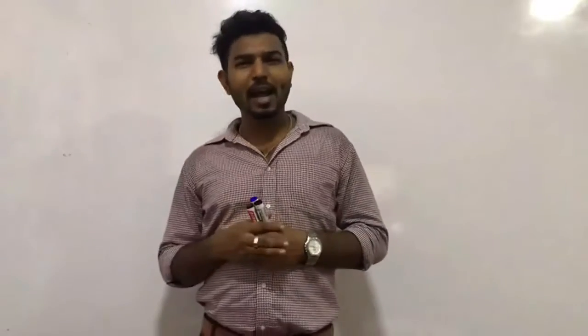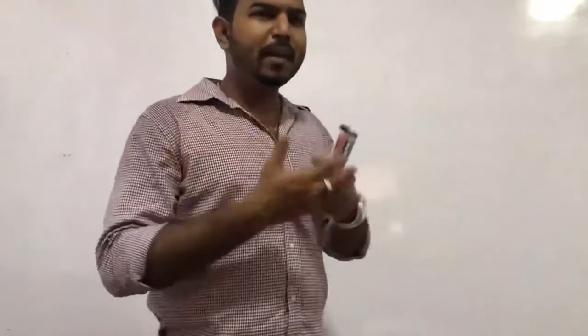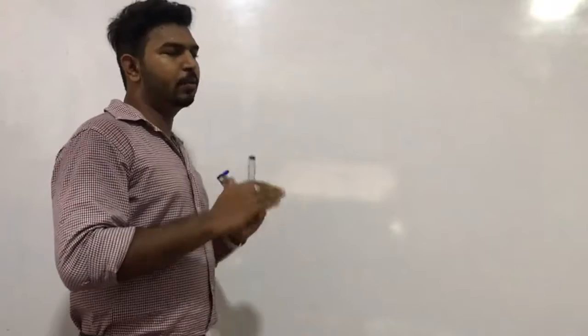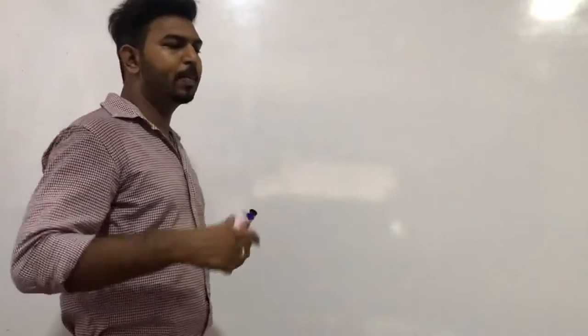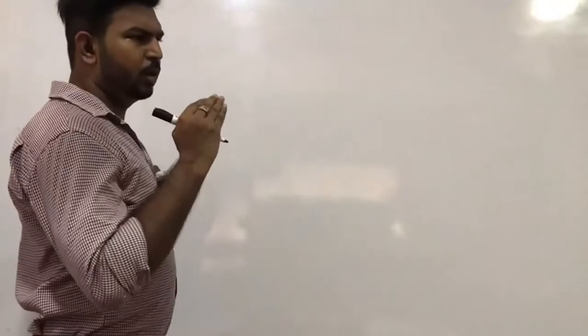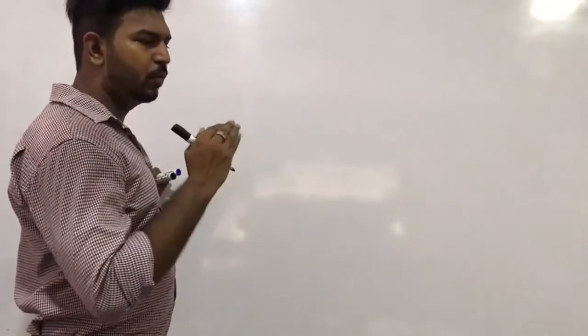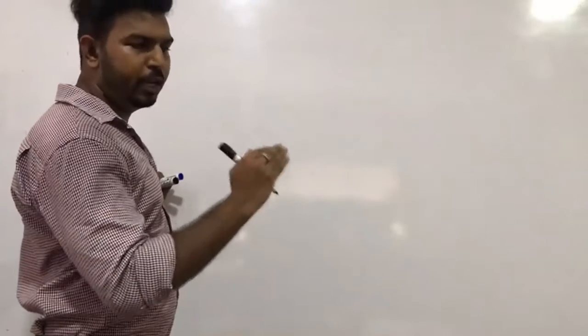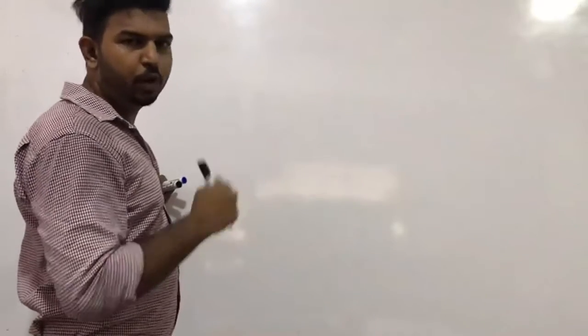Why do you try to make a relationship? The reason for forming a relationship is that we have to be stable. If we need to be stable, we have to form a bond.